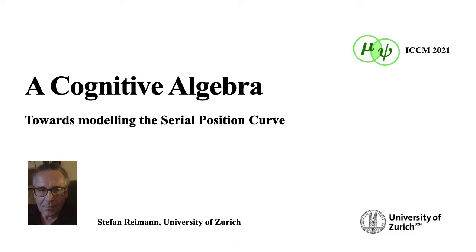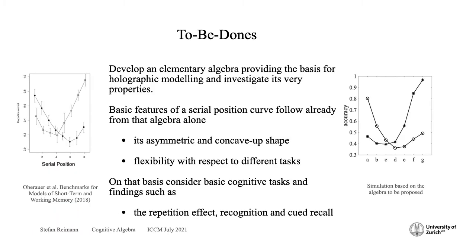This talk is intentionally quite dense since this medium allows you to stop and eventually go back in the presentation. Experiments in this field have revealed a number of typical findings which are stable across various experimental settings, including different cognitive tasks. The series position curve is among the most famous benchmark findings and provides a good starting point for modeling.